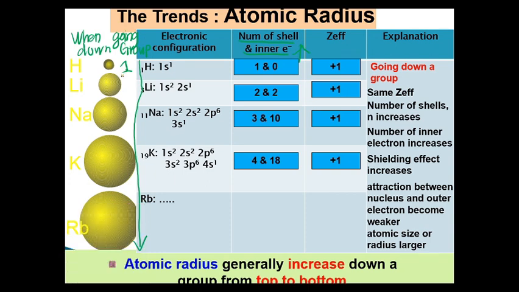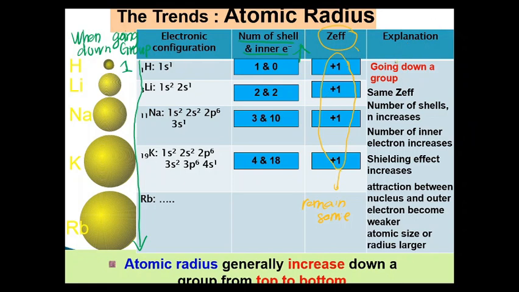You can see that when going down the group, the size of the shells becomes bigger. But the effective nuclear charge still remains the same, with a net positive charge of +1.